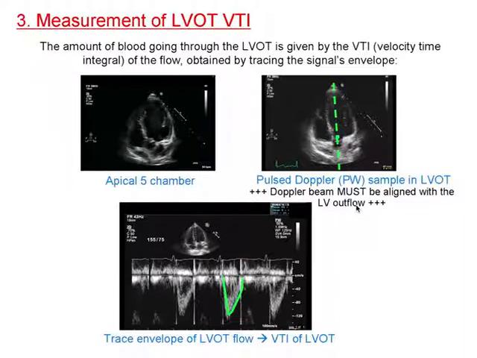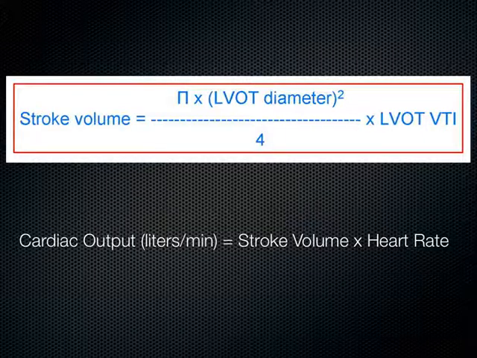And combined with that other measurement that we had, the LVOT diameter, we then activate the tracing, the waveform of the pulse wave Doppler. And it's this envelope, this volume of flow, that the machine is going to take the integral of, to give you the LVOT velocity time integral, I should say.